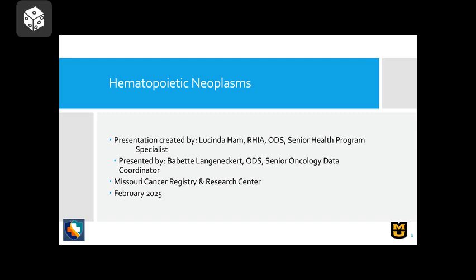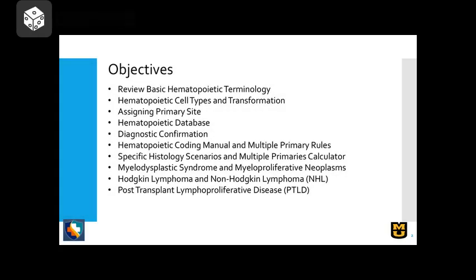This presentation will cover the hematopoietic neoplasms. Our objectives will be to review basic hematopoietic terminology, hematopoietic cell types and transformation, assigning primary site, and we'll go over the hematopoietic database, diagnostic confirmation, the hematopoietic coding manual, and the multiple primary rules.